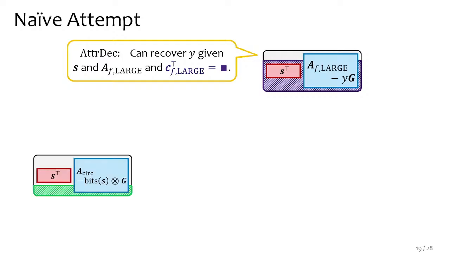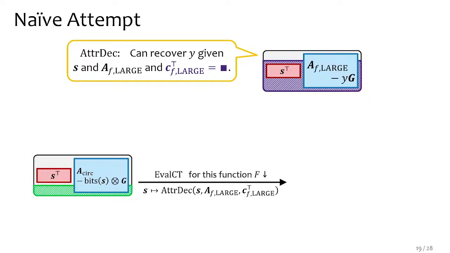Mimicking the FHE idea, let's suppose we have a circular encoding which encodes the LWE secret that's used to do the authentication. And let's try evaluating the attribute decoding function on this encoding. Well, we just plug in S into this, and since the encoding with large noise has value y inside it, the evaluation result is, of course, y.